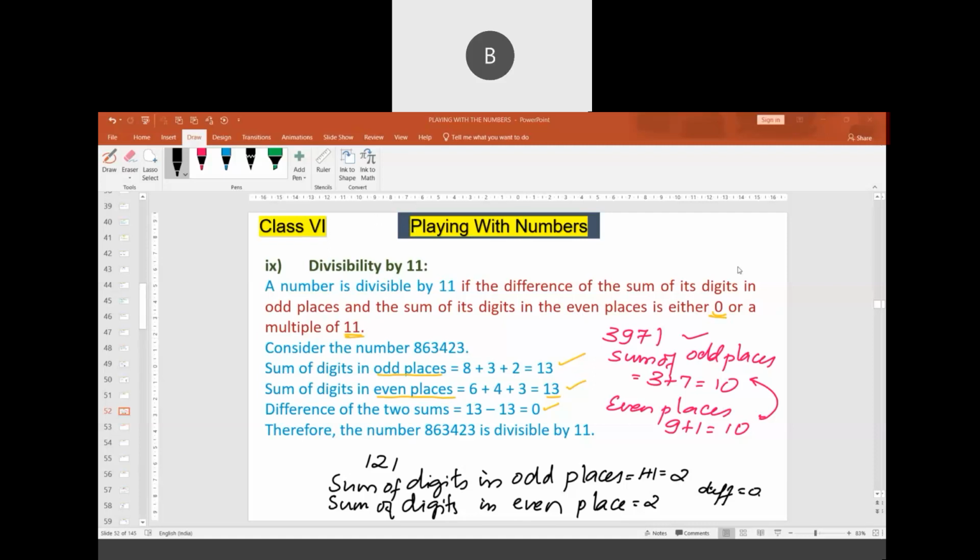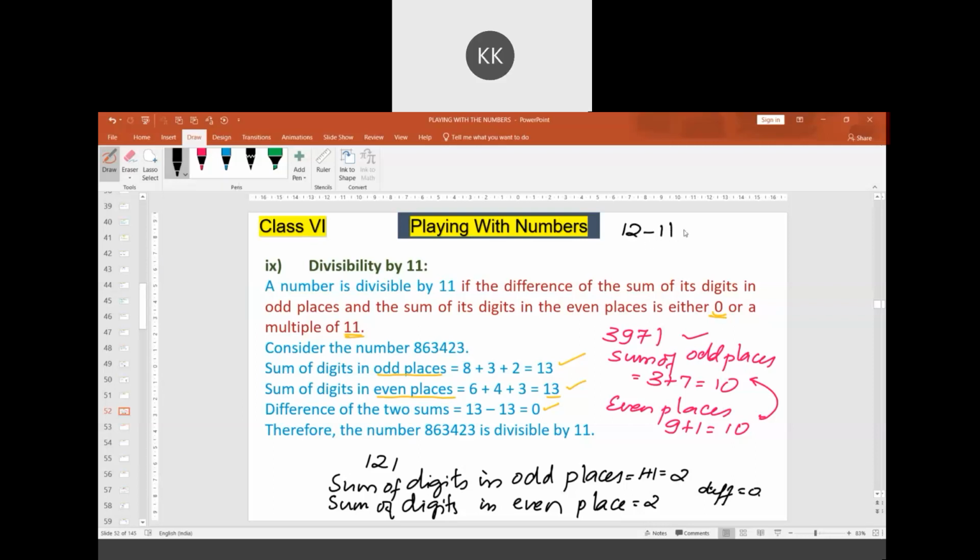At that time, which do we subtract from which, sir, even from odd or odd from even? It is left to you, sir.